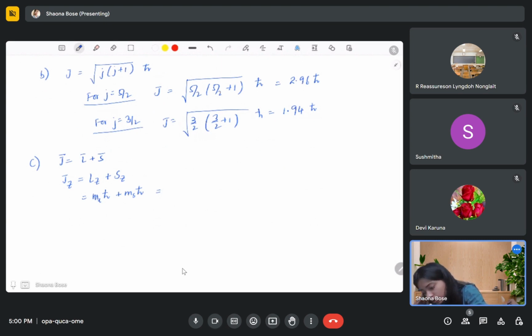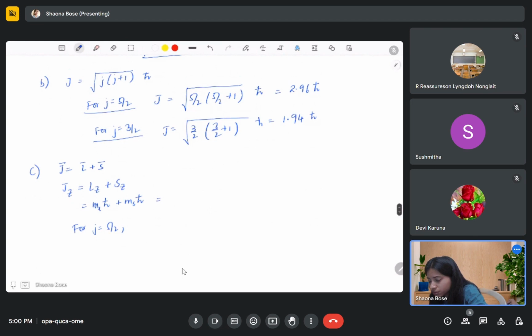So for j is equal to 5 by 2, you have the z components as minus 5 by 2 h cut.